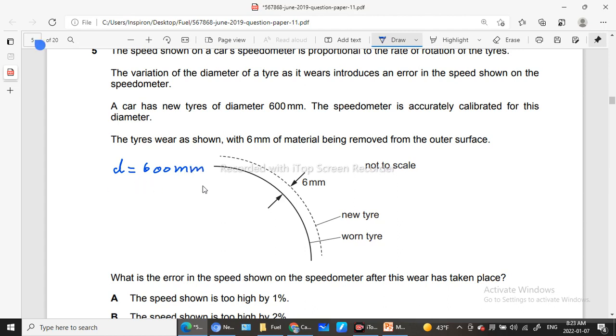The diameter is 600 millimeter. So the radius decreases by 6, so the diameter decreases by 12 millimeter. So delta D equals minus 12 millimeter.